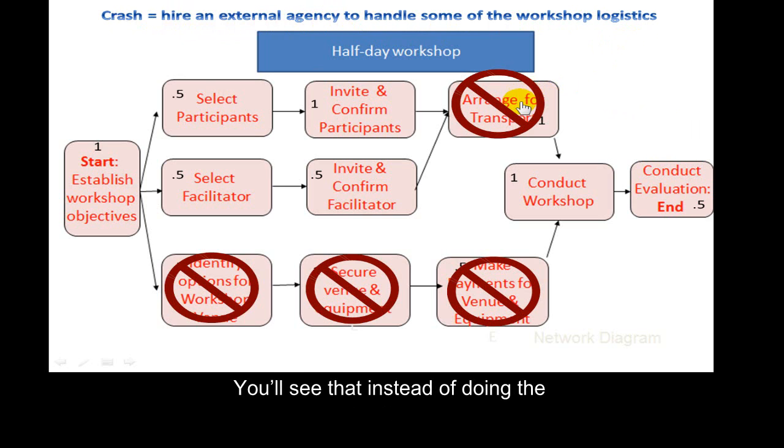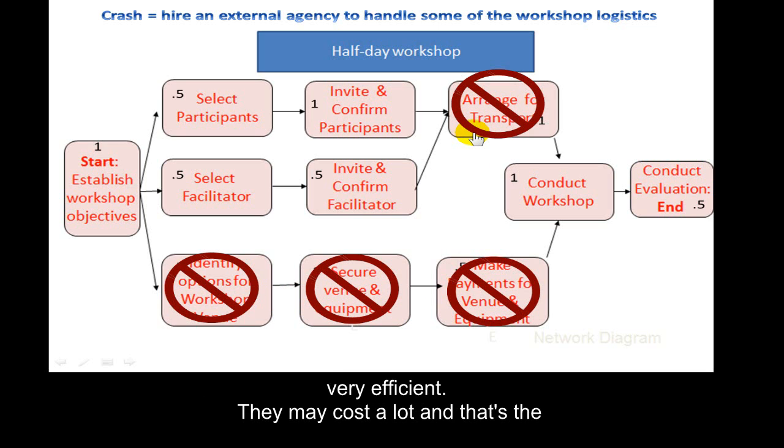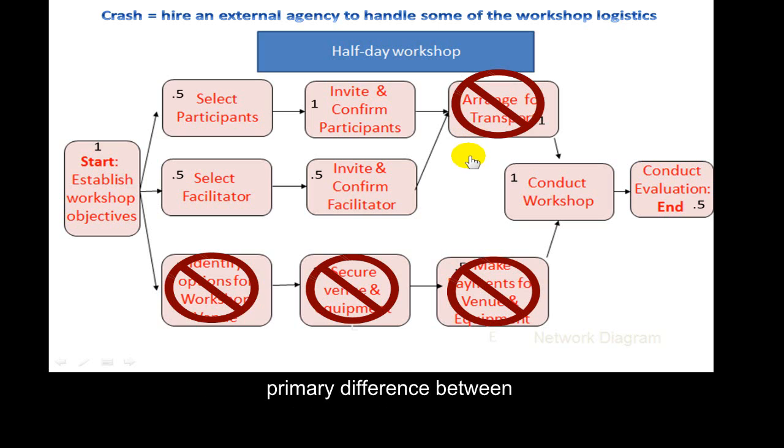So you'll see that instead of doing the arranging for transport, identifying options for the workshop venue, securing the venue and equipment, and making payments for venue and equipment, I've decided to outsource those to another organization or agency. Now, the risk of doing that is that they may not be very efficient. They may cost a lot, and that's the primary difference between fast tracking and crashing.